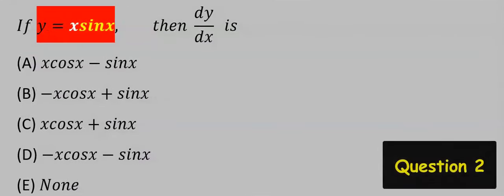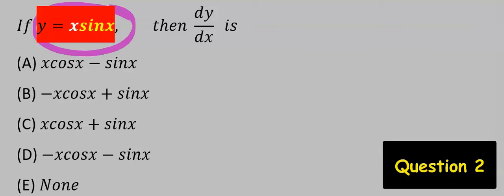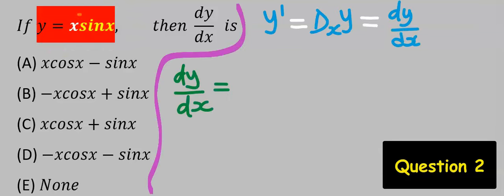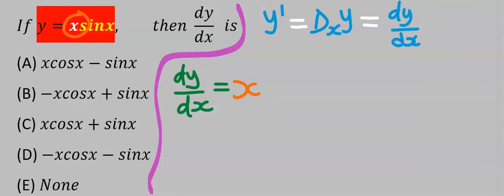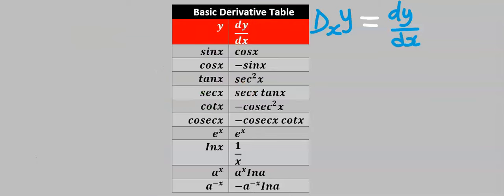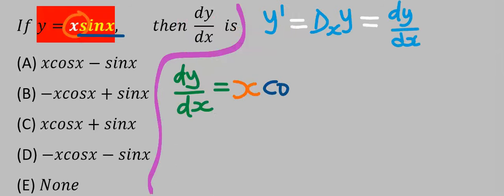Next, let's find the derivative of this function. The first step is to keep x constant. Next, we're going to differentiate sine x. The derivative of sine x is cos x. Hence, I'll write cos x.